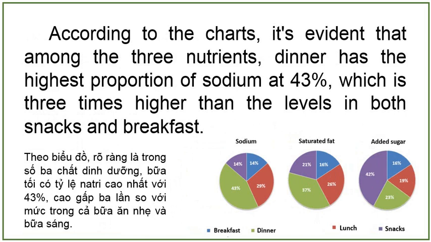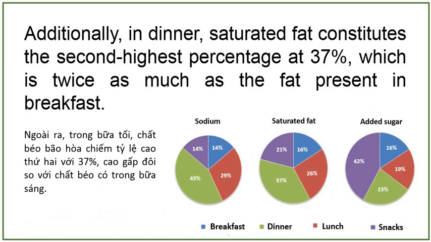According to the charts, it is evident that among the 3 nutrients, dinner has the highest proportion of sodium at 43%, which is 3 times higher than the levels in both snacks and breakfast. Additionally, in dinner, saturated fat constitutes the second highest percentage at 37%, which is twice as much as the fat present in breakfast.